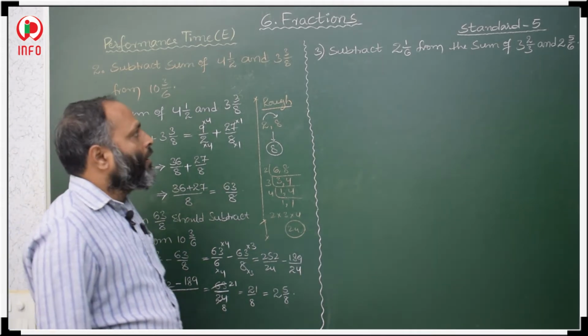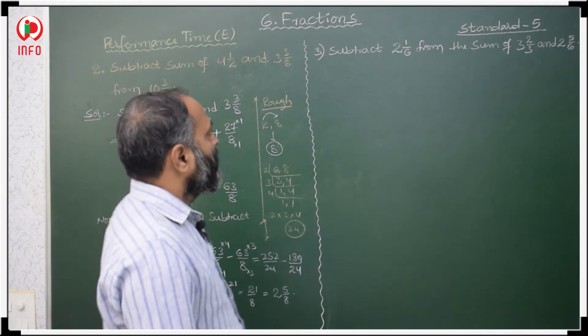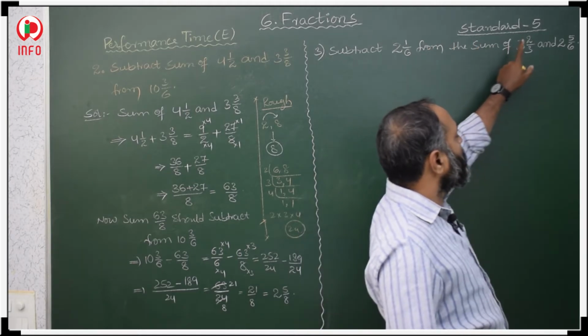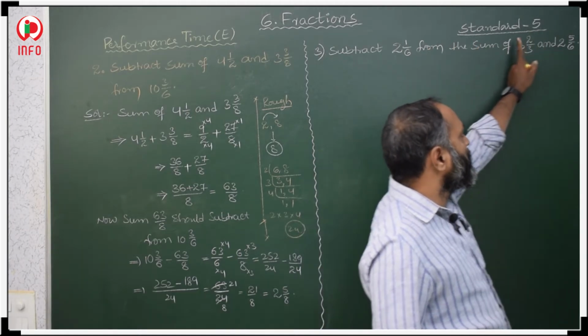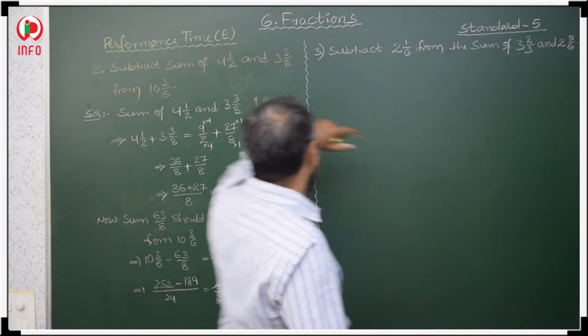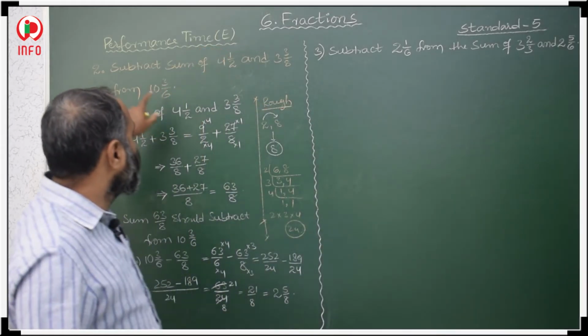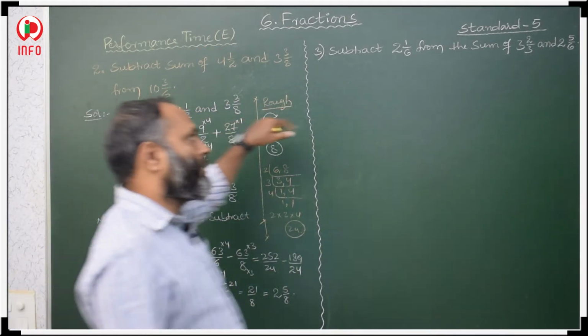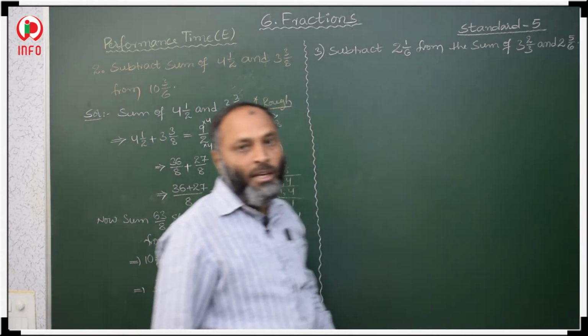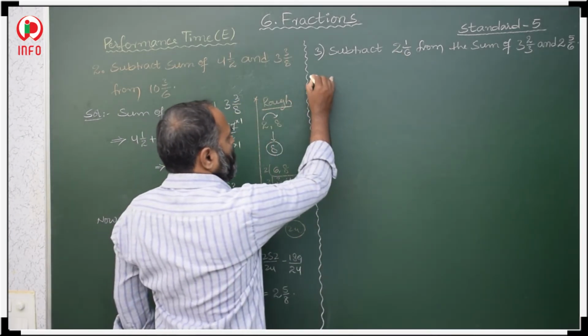Okay. Now, the next question: subtract 2 1/6 from the sum. It means first we have to find the sum of these two, and from this sum we have to subtract this. In the previous question we subtracted the sum from this number, but here it is not like that. From the sum we have to subtract this one.